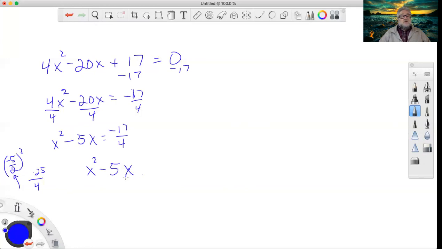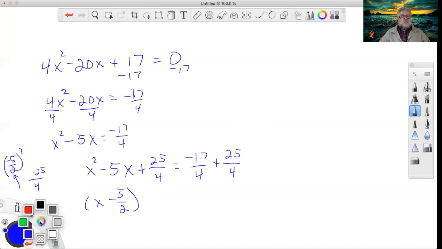X squared minus 5x, so I add 25 over 4 equals negative 17 over 4 plus 25 over 4. So this thing becomes x minus 5 halves, because 5 halves is the number that we cut in half.